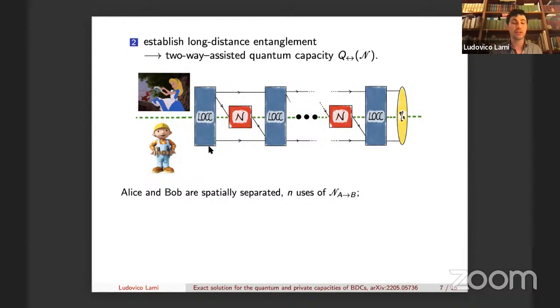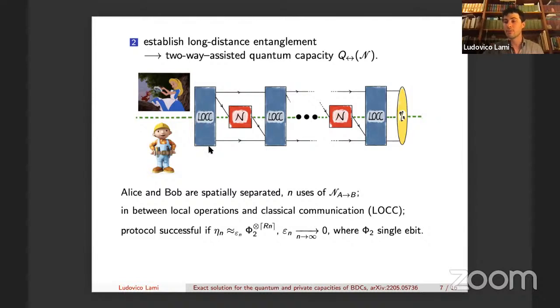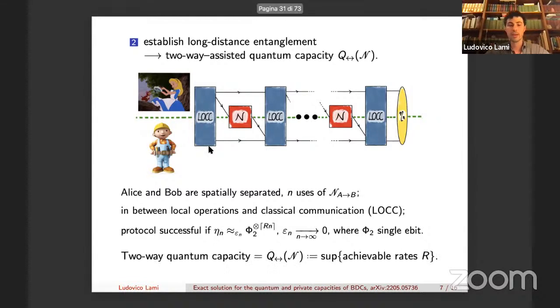Between every application of the channel and the next, you are allowed to apply an LOCC, a local operation and classical communication. After n uses, you're supposed to get a state which closely resembles a certain number of qubits. The two-way quantum capacity is the maximum number of qubits per use of the channel that you get in the asymptotic limit with vanishing error.